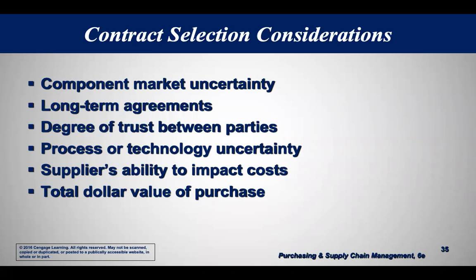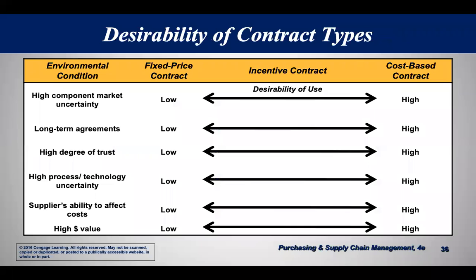Can they be more creative to make their costs go down? And again, what the total dollar value of the purchase is. So you put those things together in the chart, it gets a little bit more complicated. We generally thought that the fixed price contract for the buyer was lower risk, but it gets a little bit more complicated.